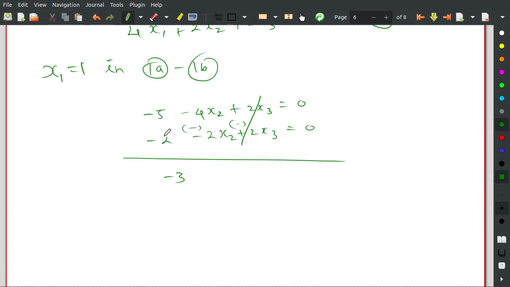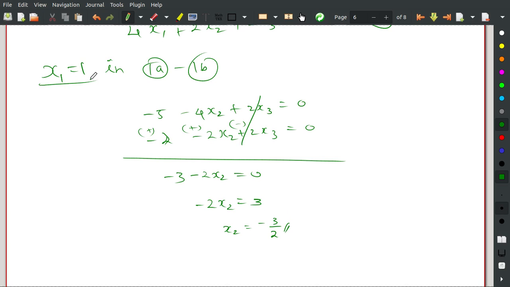So plus 2 minus 5 is minus 3, and plus 2 minus 4 is minus 2x2 equals 0. Or minus 2x2 equals 3, so x2 equals minus 3 by 2.